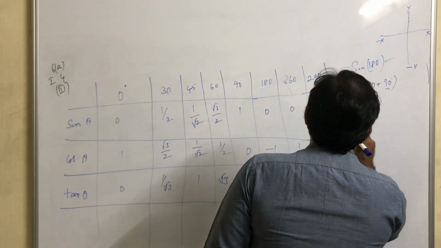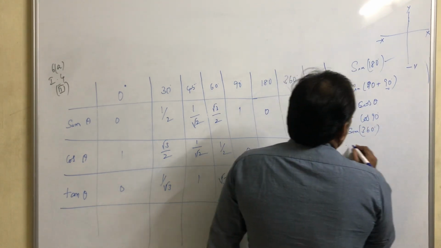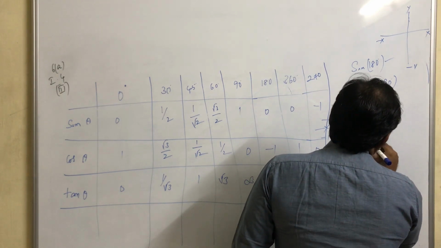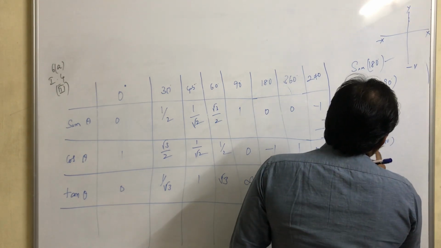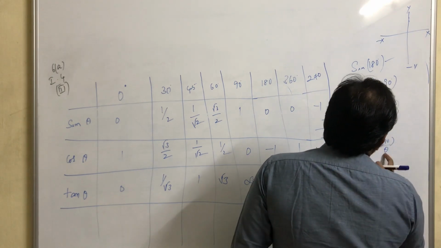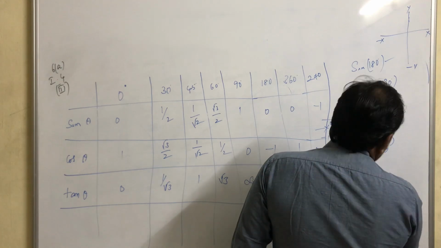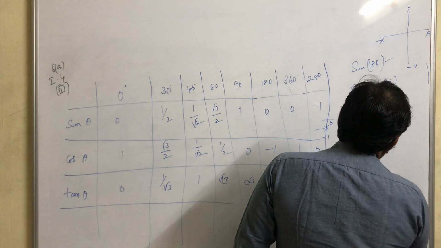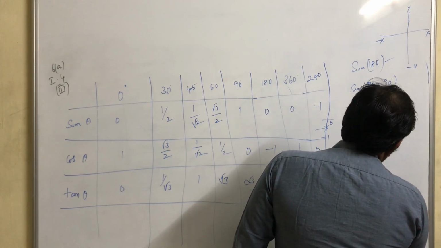Now consider sin 360. Sin 360 can be written as sin of 180 plus 180. This is 180 plus theta. In which quadrant will it be? Let us say this is theta. It will be in the third quadrant. In the third quadrant, sin is negative, so sin of 180 plus theta equals minus sin theta, right? This is further simplified as minus sin 180.